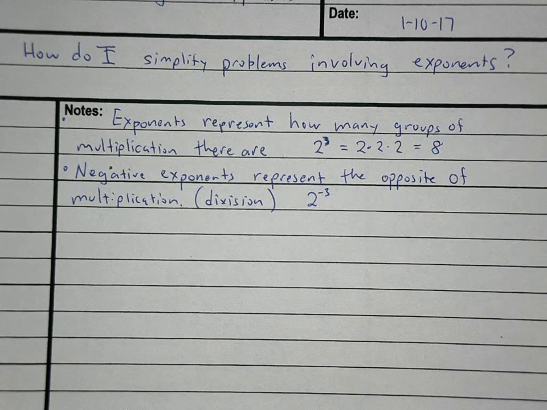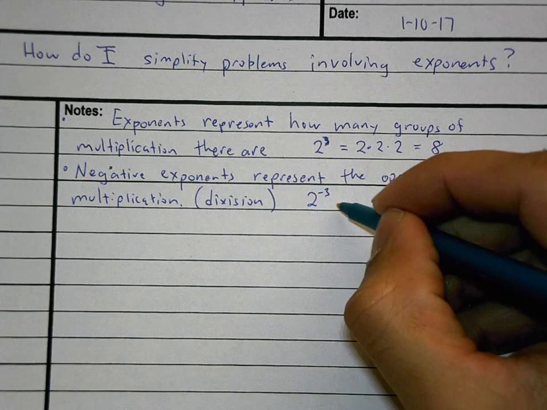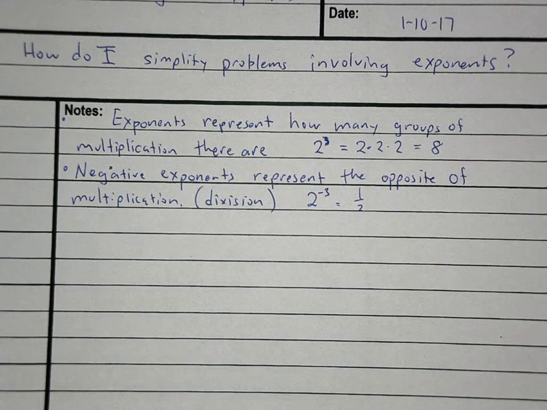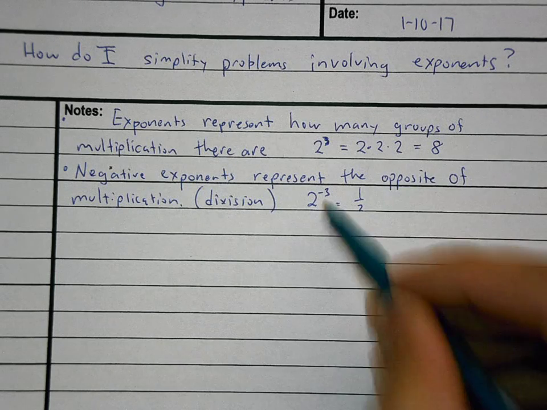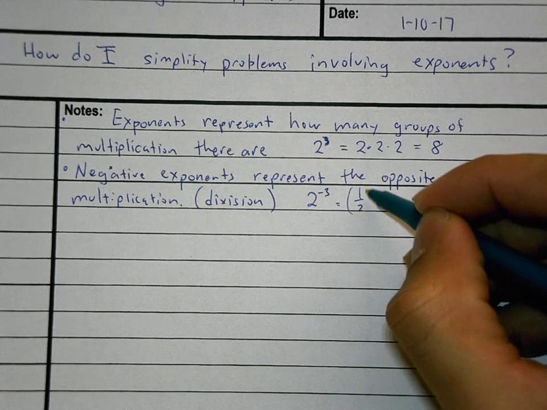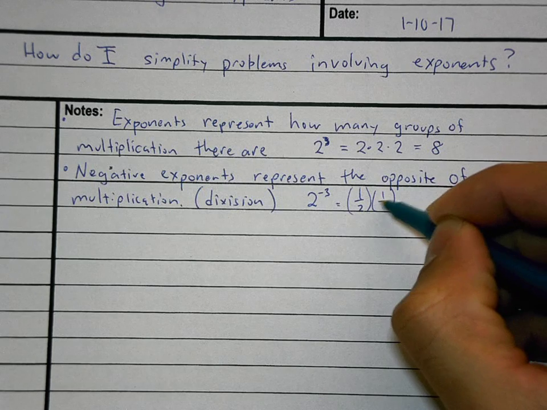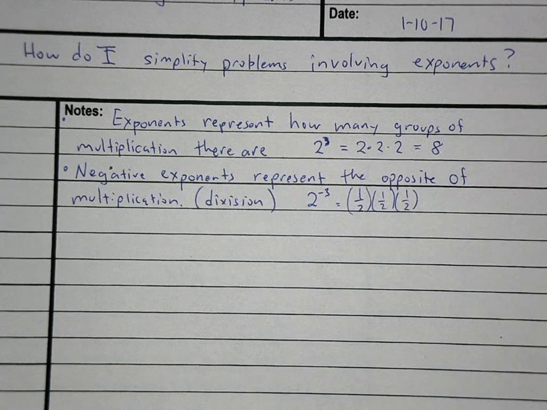Now, when you think of dividing by 2, what I want you to think of is a fraction. When I divide by 2, I half it. I take a half of something. So if I have 2 to the negative 3, it means I have 3 groups of dividing by 2 that are multiplying each other.